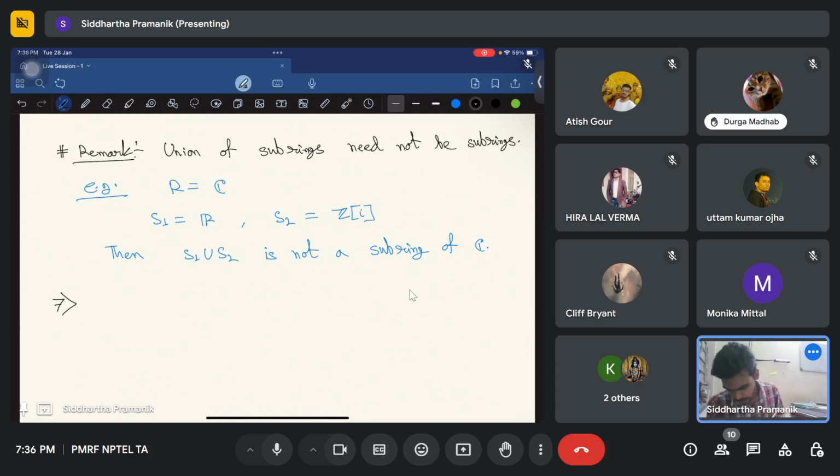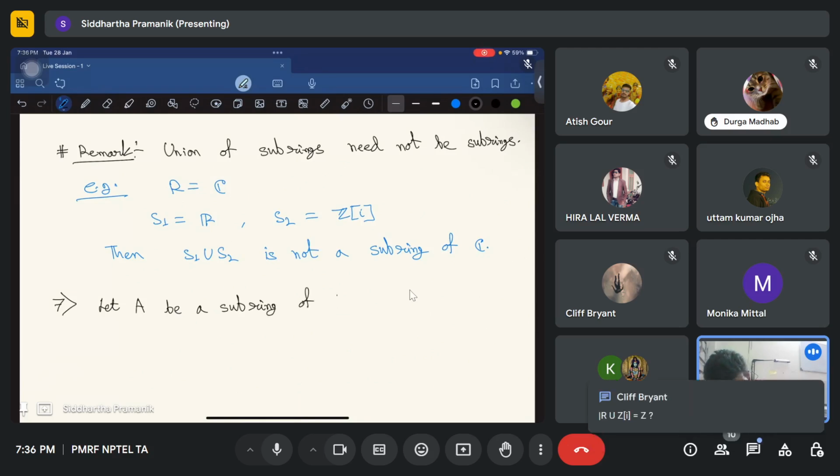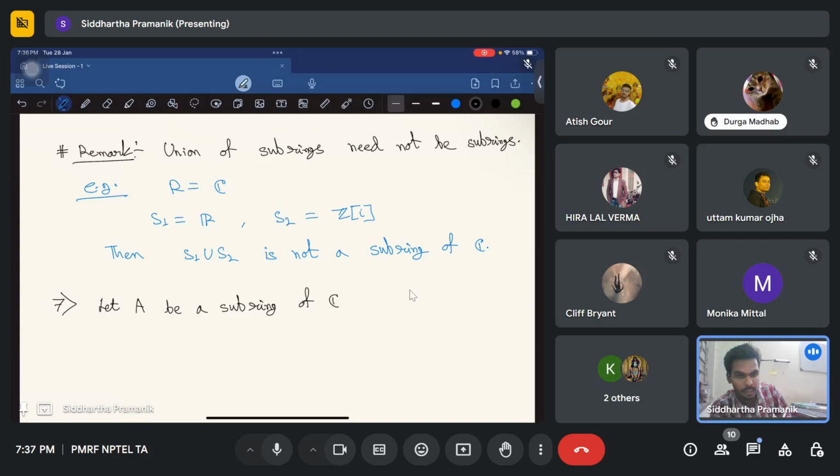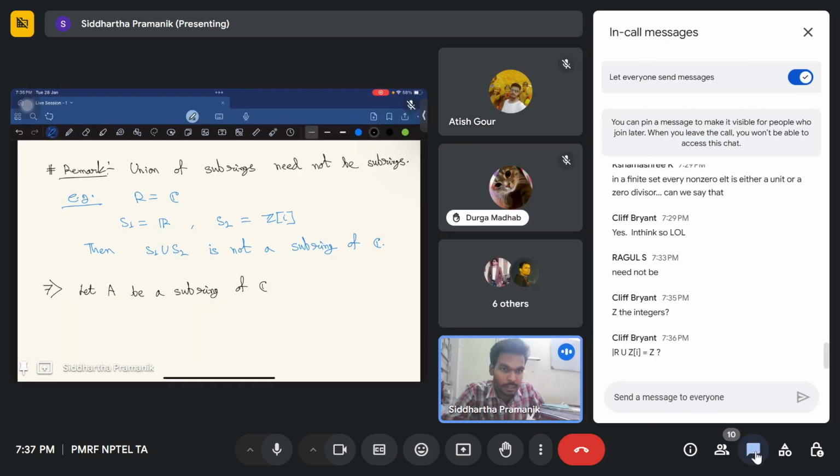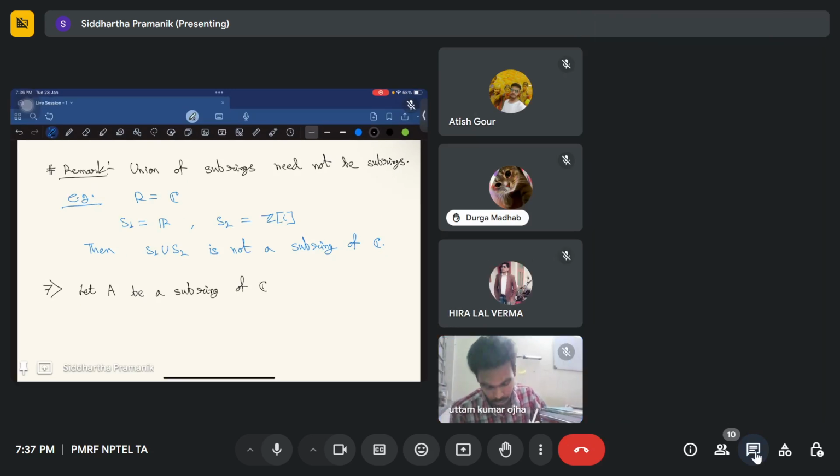Okay, so let me write the next problem. Let A be a subring of C. R union Zi is Z? No, that is not true. That is a simple set theoretic thing.